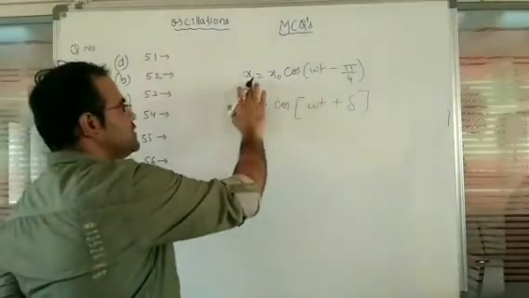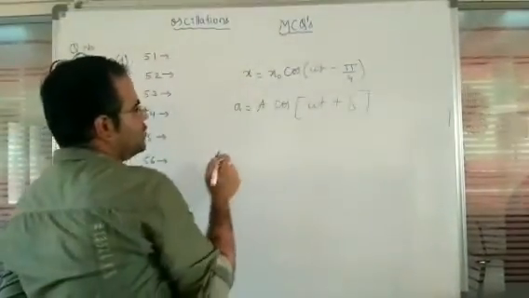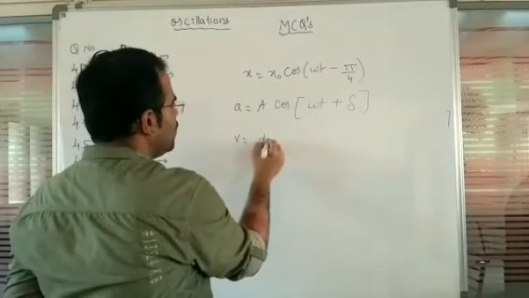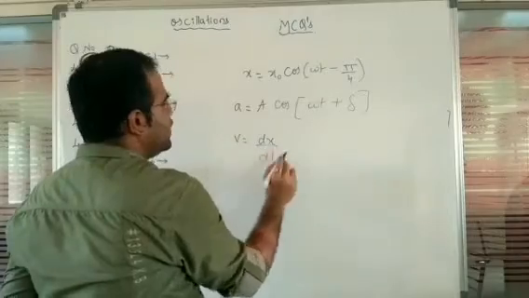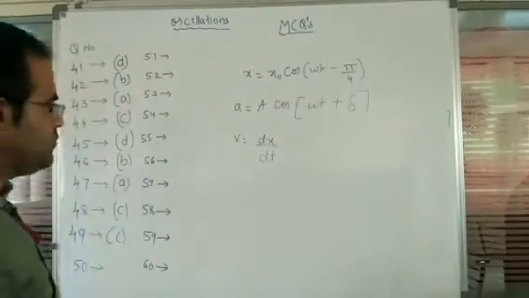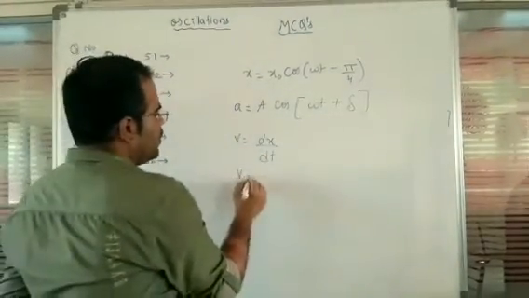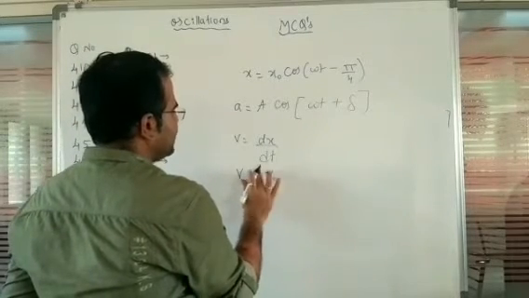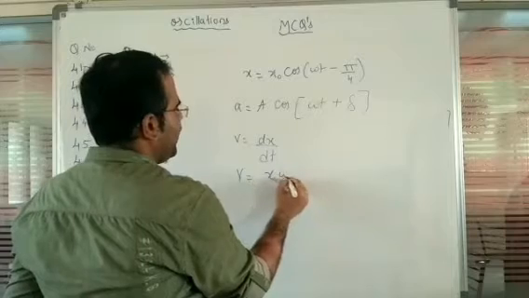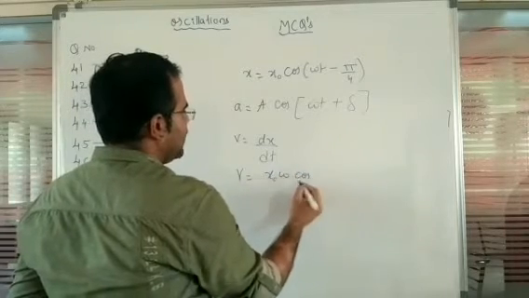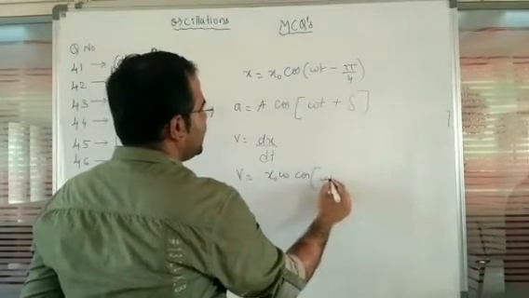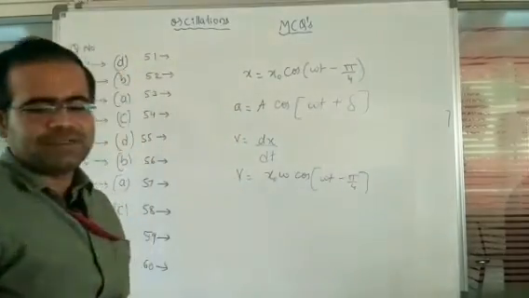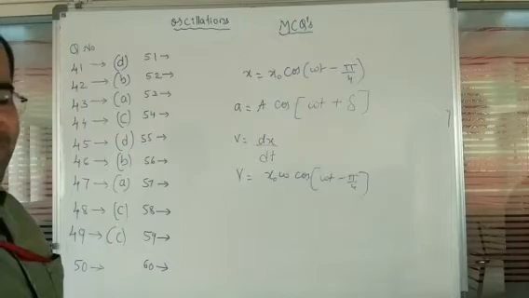But whereas this is a displacement, when we observe the acceleration, or else if I write velocity is equal to dx divided by dt. So when we make a differentiation, again we have v is equal to x naught omega multiplied by cos of omega t minus pi by 4. So this is the value. So the first time differentiation, this is what we observe.